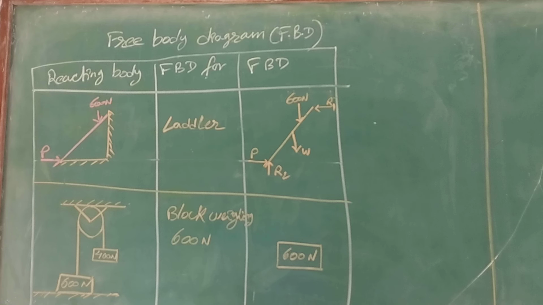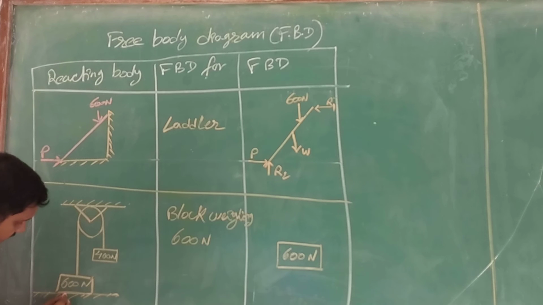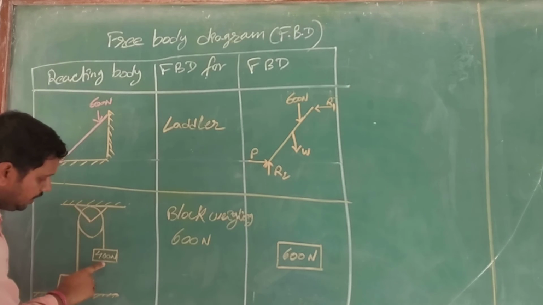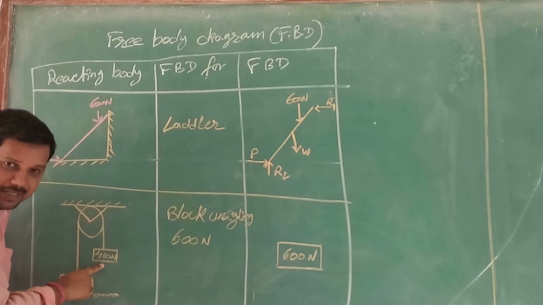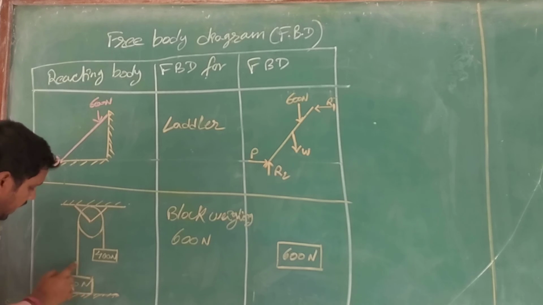Any doubt? Next. See, since the 600 Newton block is resting on the surface and this other block is hanging, the self weight will not be applicable for the resting one.